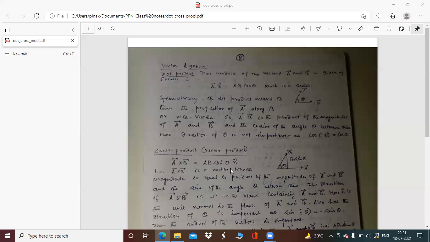And this direction is actually given by n cap, this unit vector. Here, n cap is the unit normal to the plane of a bar and b bar. Also, here the direction of theta is important, as sine of minus theta is equal to minus sine theta. That means the order of the vectors is important here.